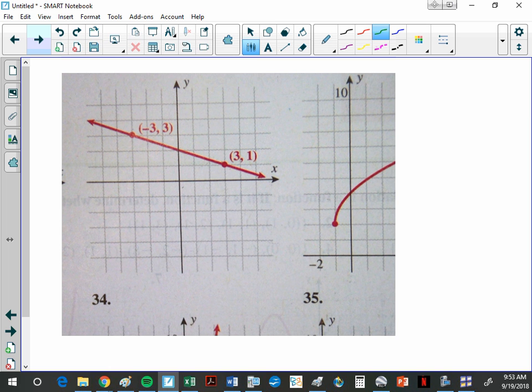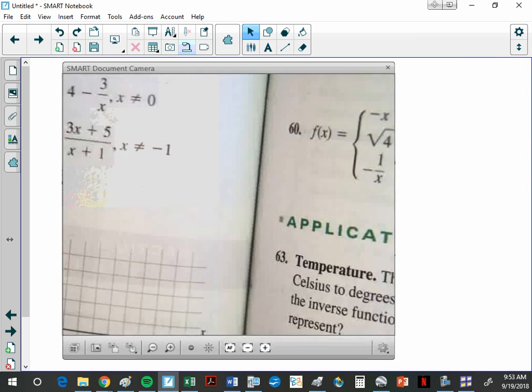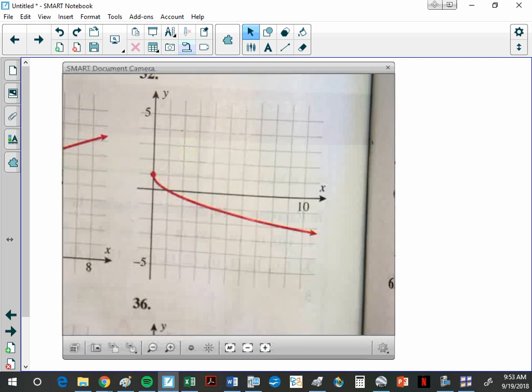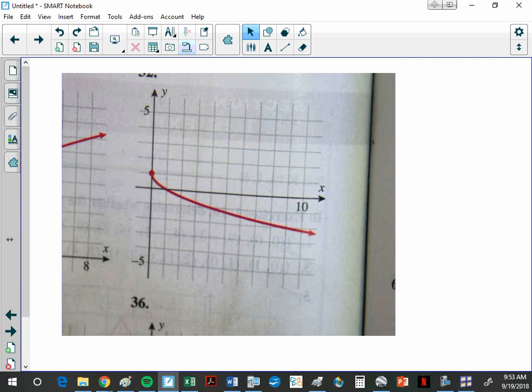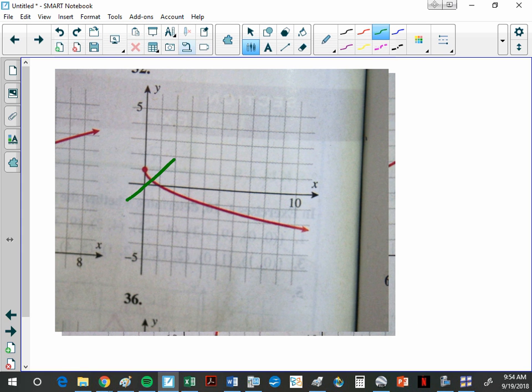Okay. What about number 32? And this is part of your set. Yes, it's always the 45-degree line that hits 0, 0 up to the right. Every time. Because that is the y equals x function. Okay? So try to think of it as a reflection.